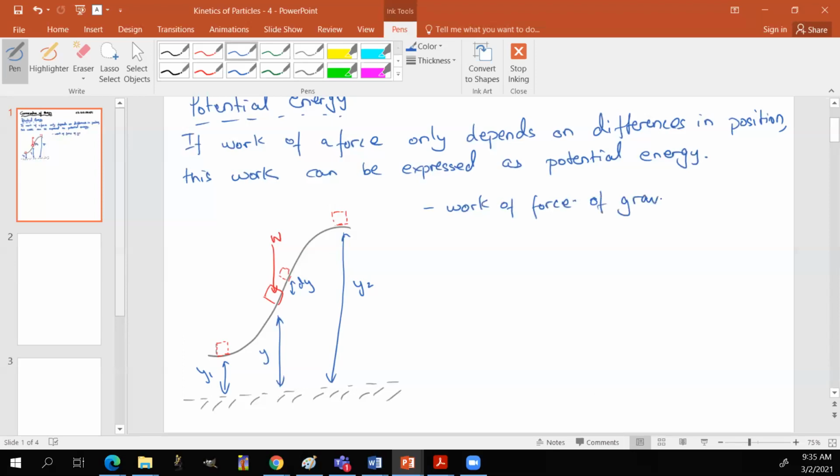And what we looked at last week was the work of force of gravity, right? And here the force due to gravity is the weight, right? And that's why we said that that was W. We'll see that this work due to the force of gravity, we had found out, and we'd proven this, was actually independent of the path, right?